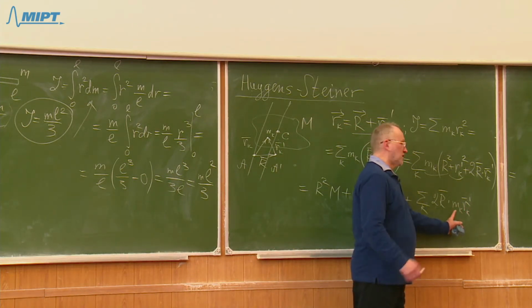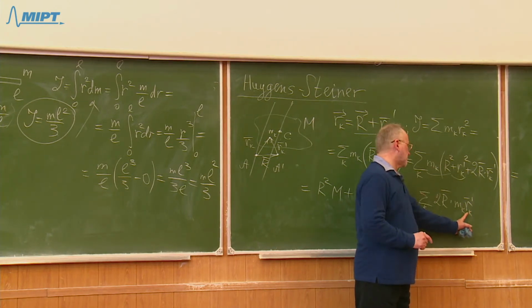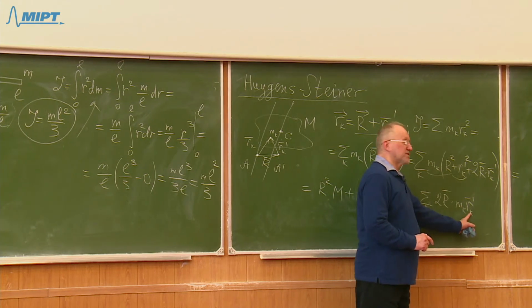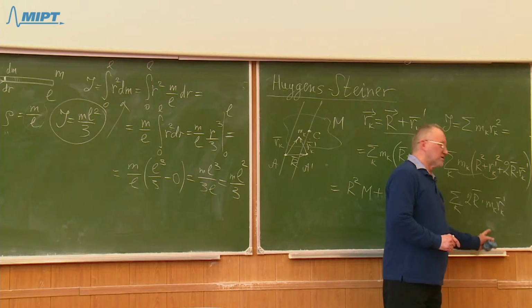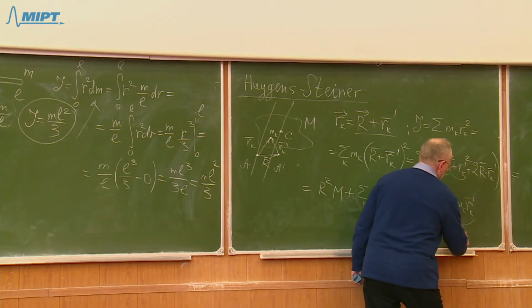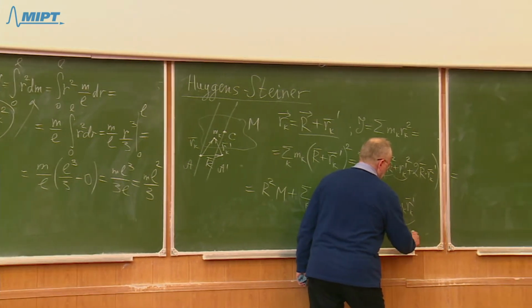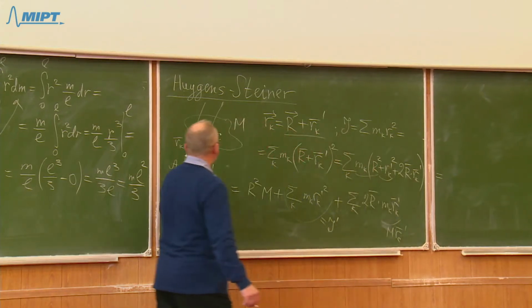The sum of small masses multiplied by the distance of these masses from some point. What is this? This is by definition of the center of mass. This will be equal to, by definition of the center of mass, the total mass of the body times the radius of the center of mass with respect to point A prime.